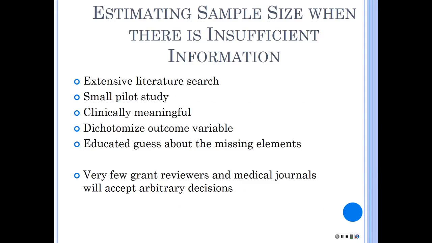A good rule of thumb for a clinically meaningful difference is around 10 to 20% if you can't find anything in the literature. Also, you can dichotomize your outcome variable. This will help. And then also, educated guesses about the missing elements. Keep in mind that very few grant reviewers and medical journals will accept any arbitrary decisions, though.